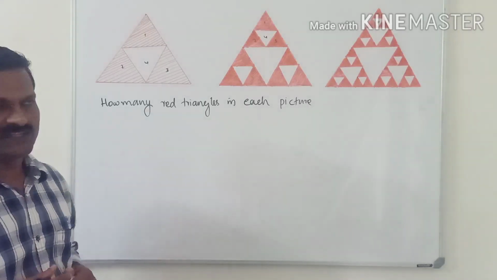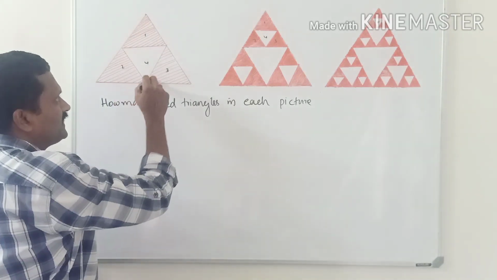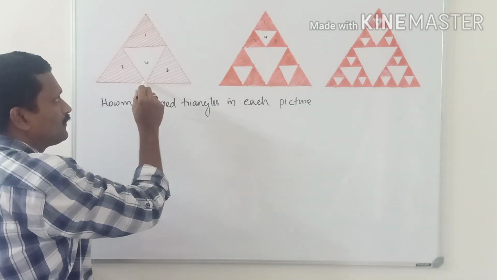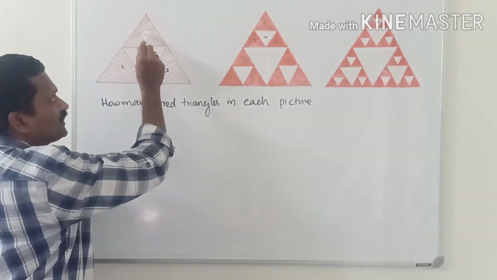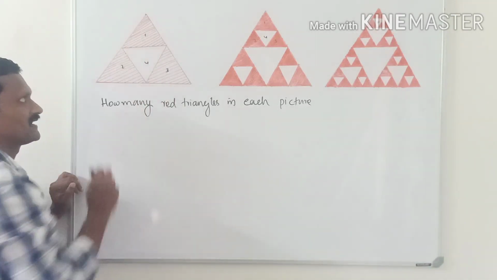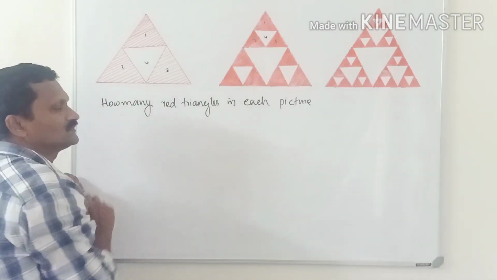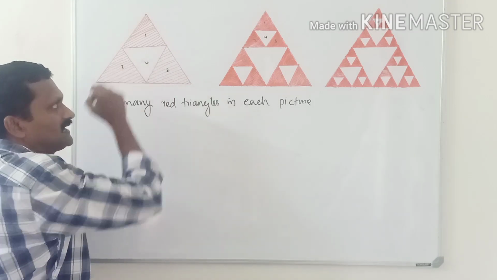I explain the figure. In the first figure, a triangle is cut from the given equilateral triangle by joining the midpoints. So we got 4 equilateral triangles in this: 1, 2, 3 and 4. There are 3 red triangles and 1 cut triangle.